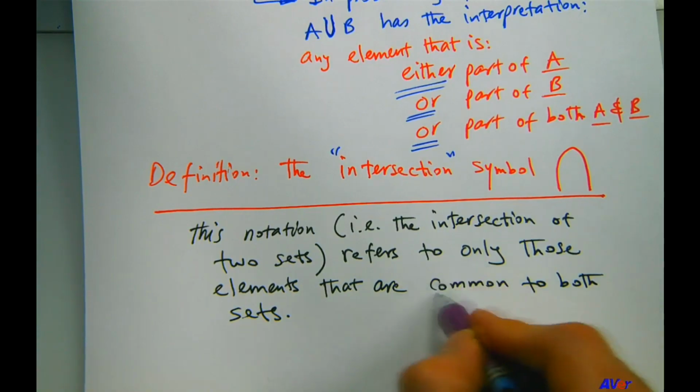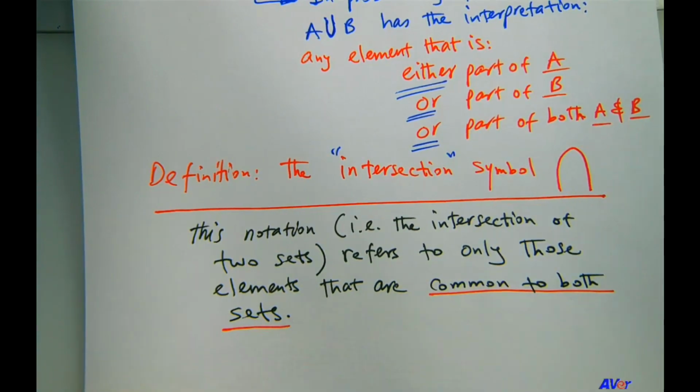Okay, common to both sets, very important. And of course, this notation applies to more than two sets. So if you have some elements that are common to 5 different sets, then those elements are the intersection of those 5 sets. Okay? They are common between all those sets.